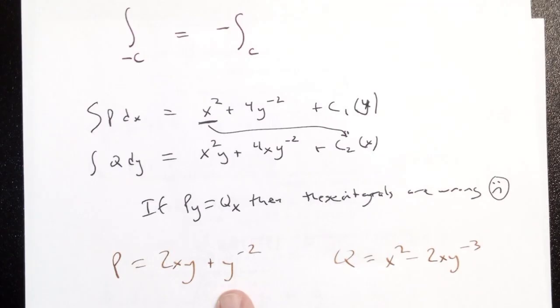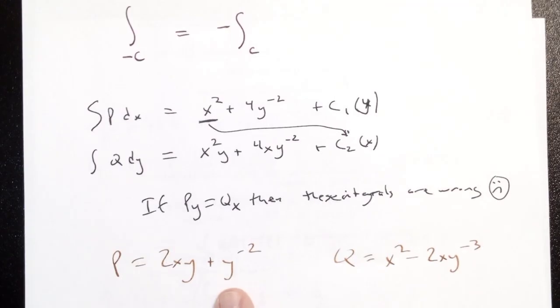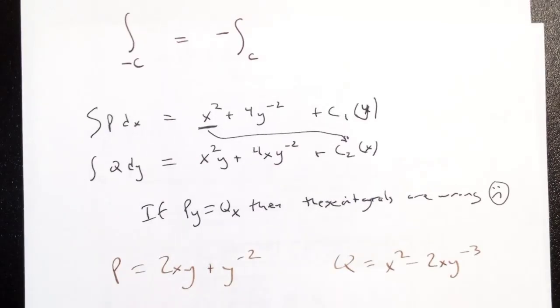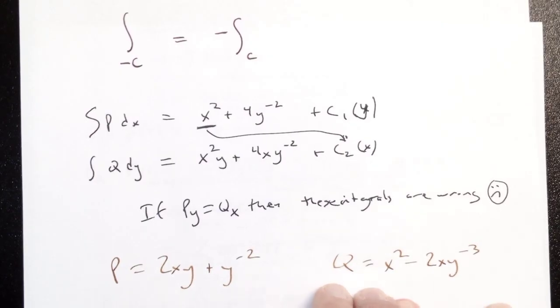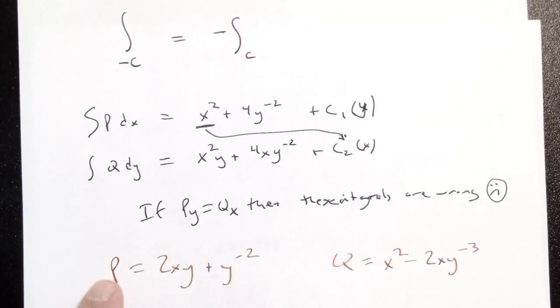I'm integrating this with respect to x. What you just told me was the integral with respect to y. You integrate p with respect to x. Over here, I'll integrate with respect to y, but over here, I integrate with respect to x.